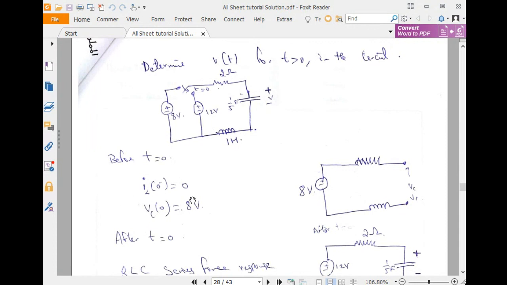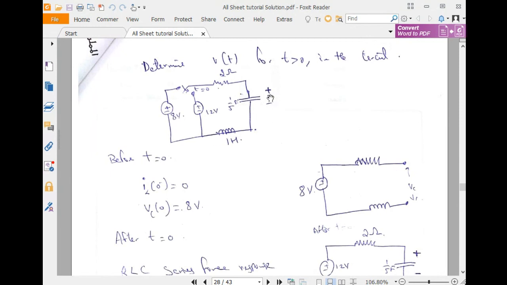Now find IL of 0 equal to 0, because when this 8 volt source is connected for a long time, it is connected to one source, 8 volt. So this capacitance will be open. That's why capacitor current is 0. Sorry, inductor current is 0.